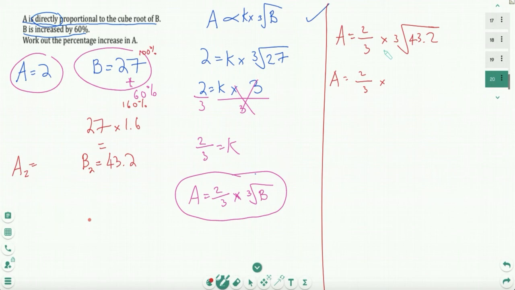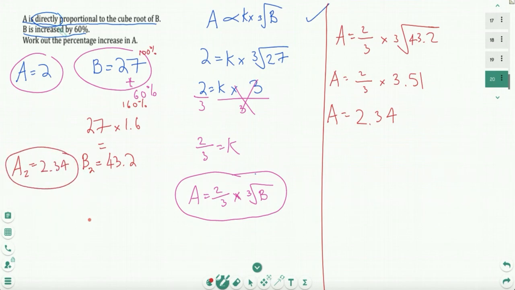You can just use your calculator. 43.2 to the power of one third, that is about 3.51. So a is equal to 2/3 times 3.51, which is 2.34. And that's our value for a.